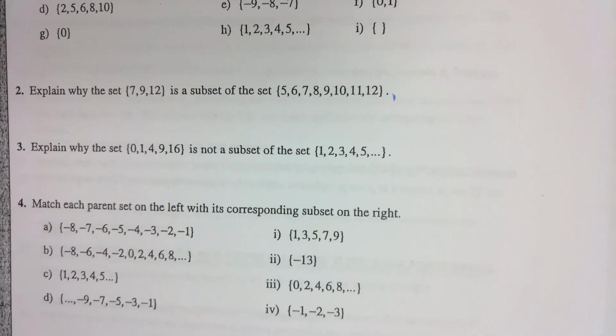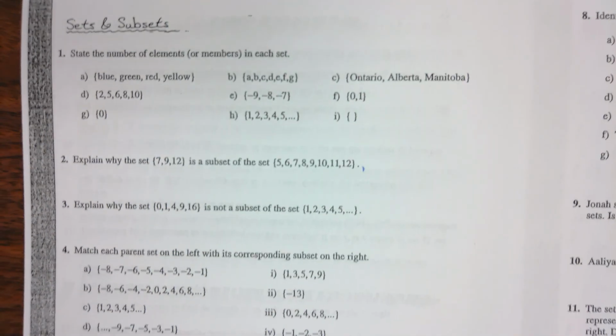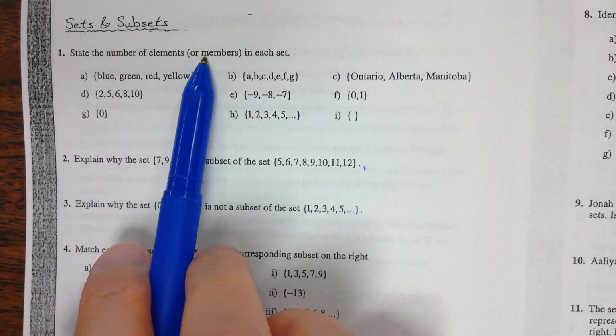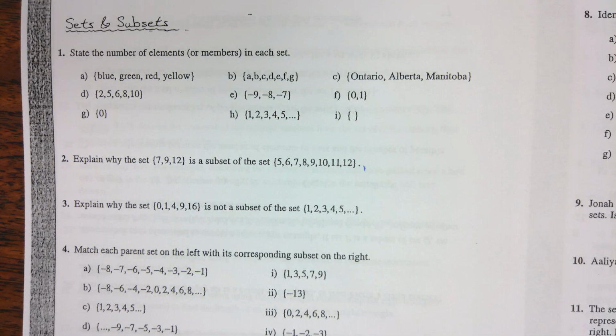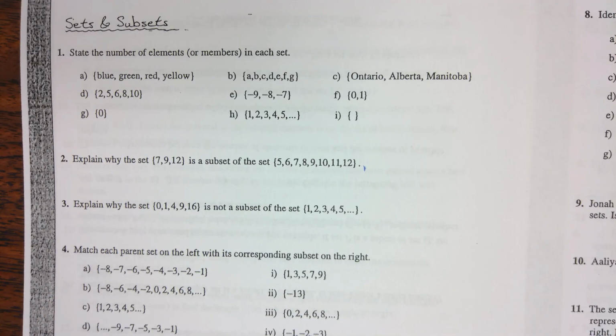Okay, so I just want to do a little bit more on page 5. So sets and subsets, we talked about these. So for number 1, state the number of elements or member in each set. All it means is how many numbers are in there, basically, or how many types. So for the first one, blue, green, red, yellow, how many types are there? 4.